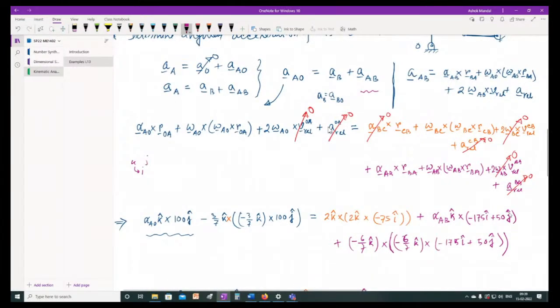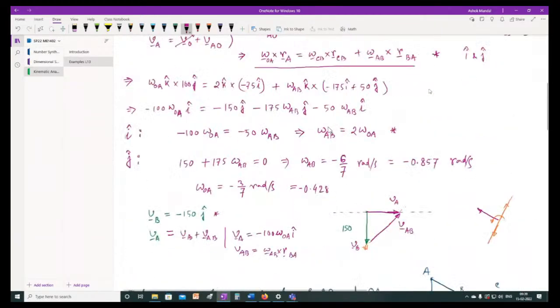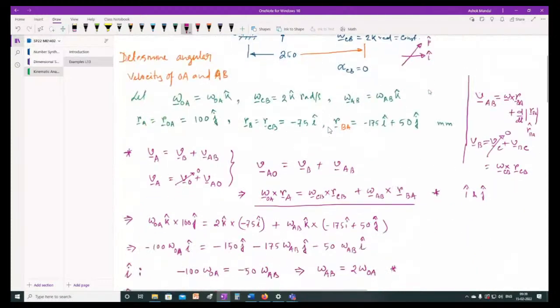So what is this vector? Minus 175 I plus 50j. What is this vector? Tell me from here, which vector is this? R B A, right? RBA is minus 175 I plus 50j, right?